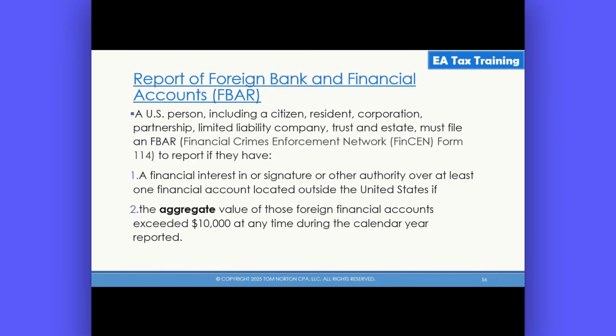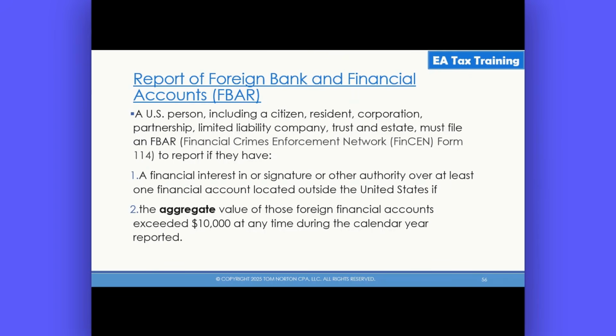The FBAR. We talked about the FBAR back in part 1, but we're going to go over it briefly again here to remind you that it does not just apply to individuals, it also applies to businesses. So it is any corporation, partnership, limited liability company, trust, estate, doesn't matter.